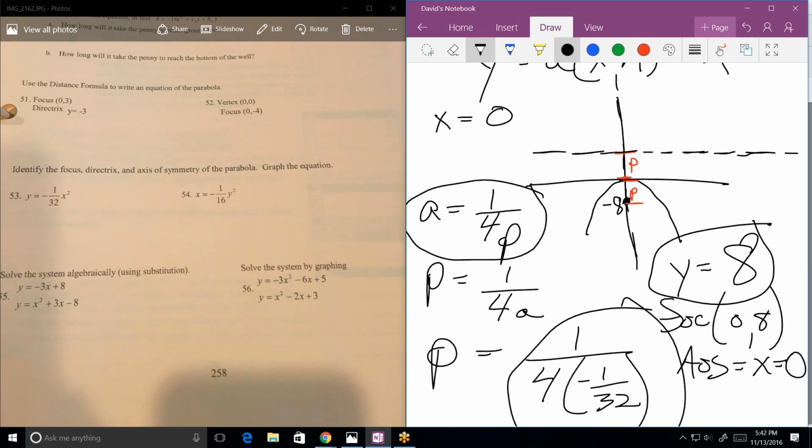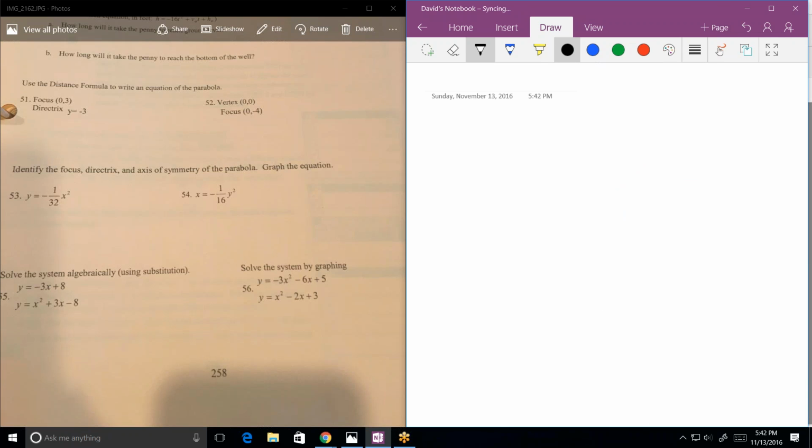Now, your entire math career, you've dealt with quadratics being this format. It's either facing up or facing down. It's vertical parabolas. If it's x equal to y squared, then that's the horizontal ones.